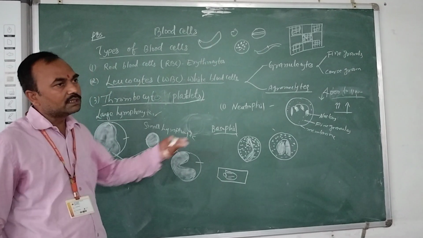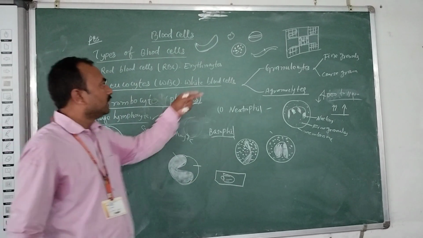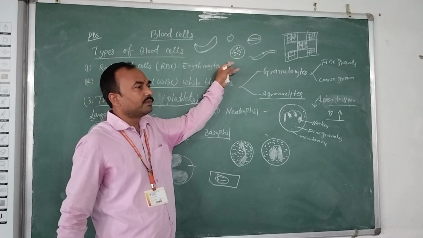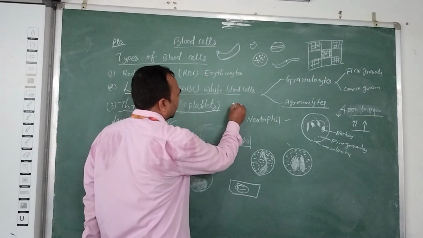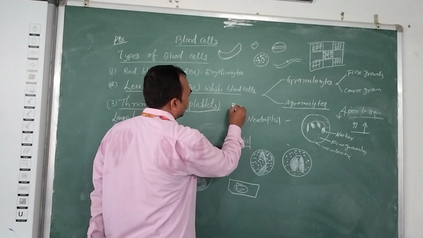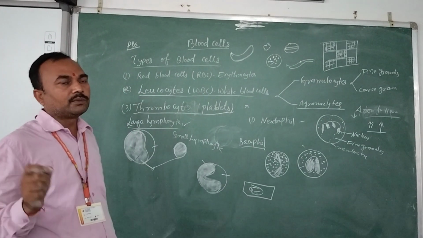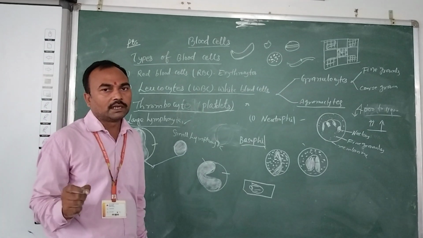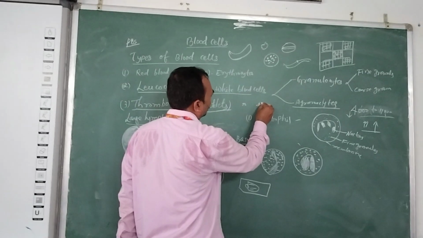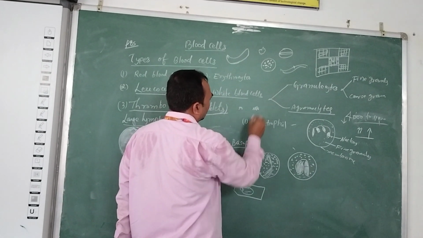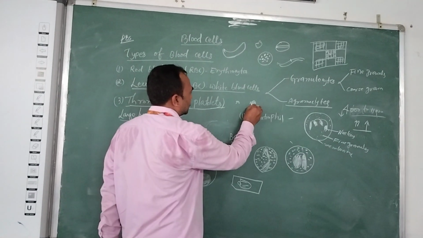Then we can see the differential count, and platelets will always be visible in dot form. Sometimes two or more platelets will be joined together; we call that a giant platelet. Sometimes a large number of platelets will be together; we call that accumulation of platelet cells.